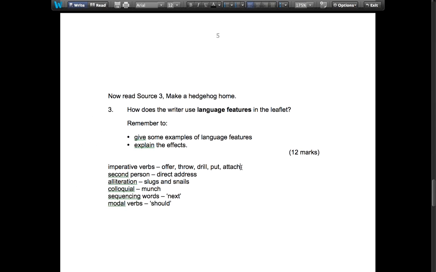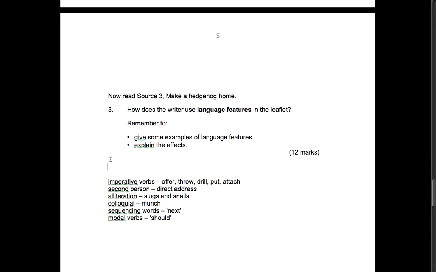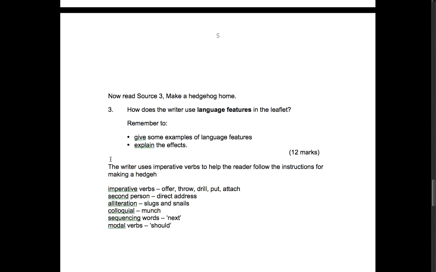So if we take this first idea here, how did the writer use language features in the leaflet? Nice clear opening sentence. The writer uses imperative verbs to help the reader follow the instructions for making a hedgehog home.